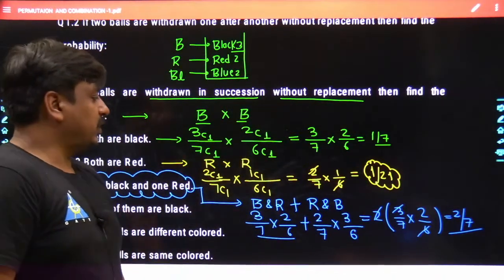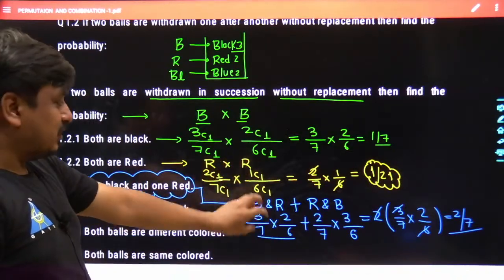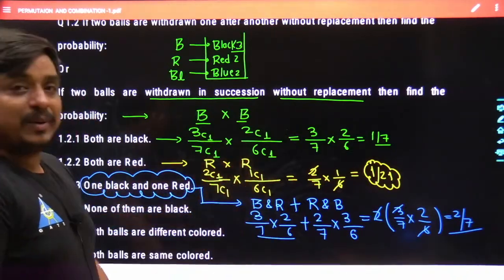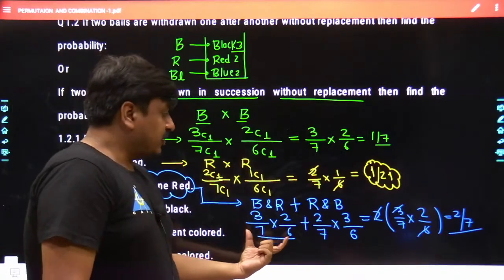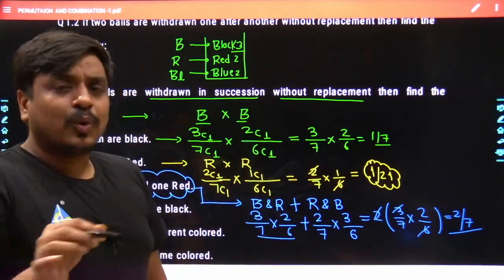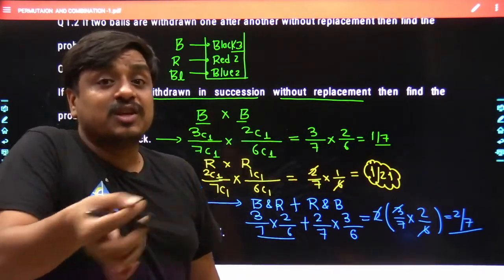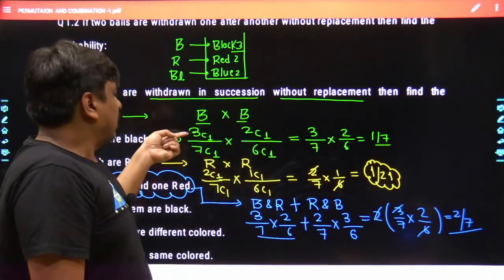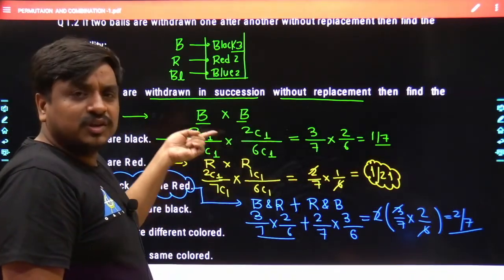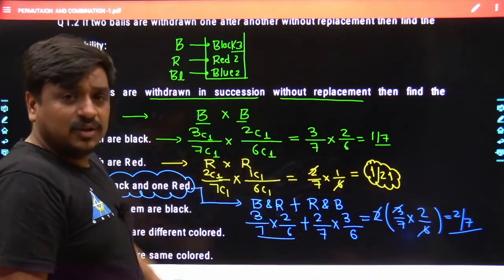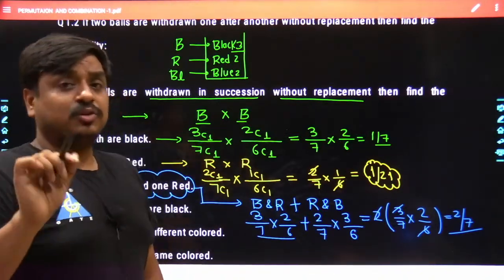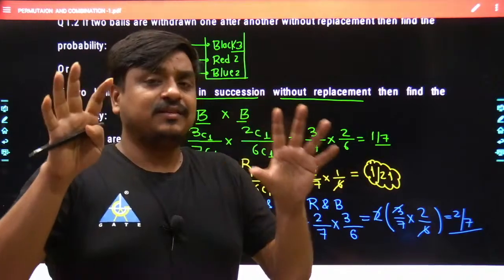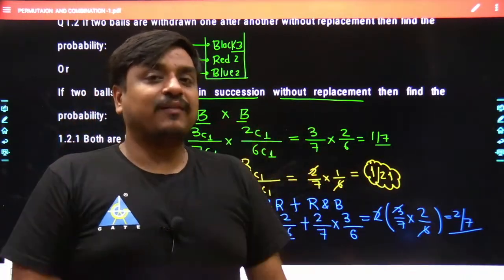Could you understand what I'm saying? If you want to write this important factor which I have just explained, because unnecessarily you are wasting your time. Could you really understand the different points where you are wasting your time? The first point, again and again you are writing 3C1, 2C1, 5C1, 7C1, 8C1. My dear friends, NC1 is always equal to n. Rather than writing C, C, C again, just focus on that value itself.